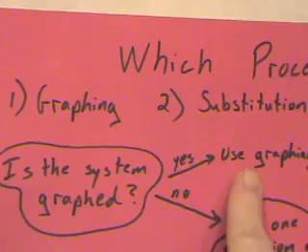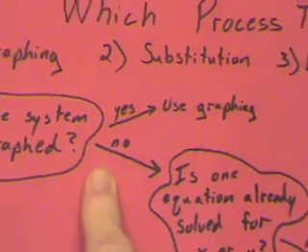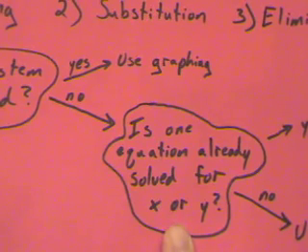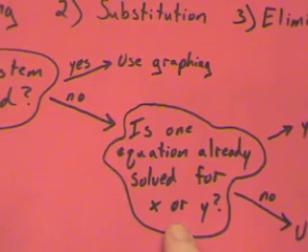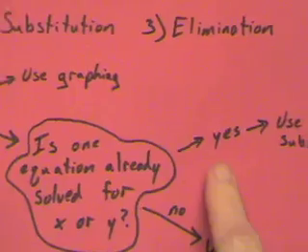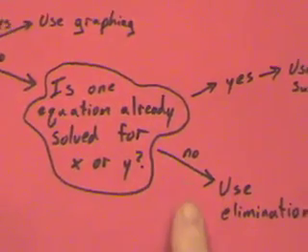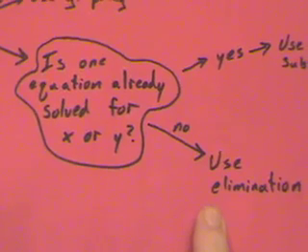If it is, use graphing. If it isn't, go on. Is one equation already solved for x or y? In other words, x equals some kind of y plus something, or y equals some kind of x plus something. If it is, use substitution. If it's not, use elimination.